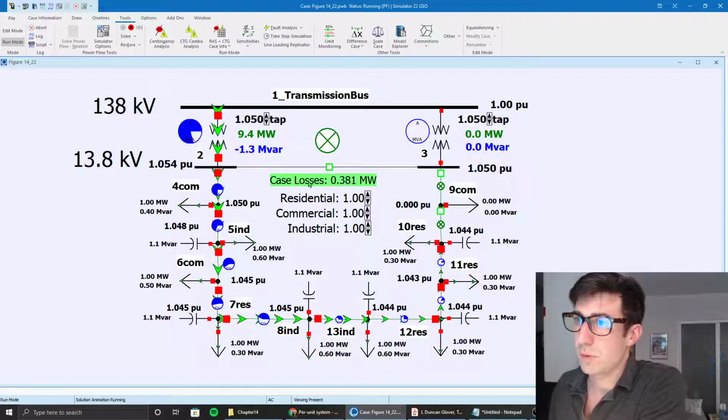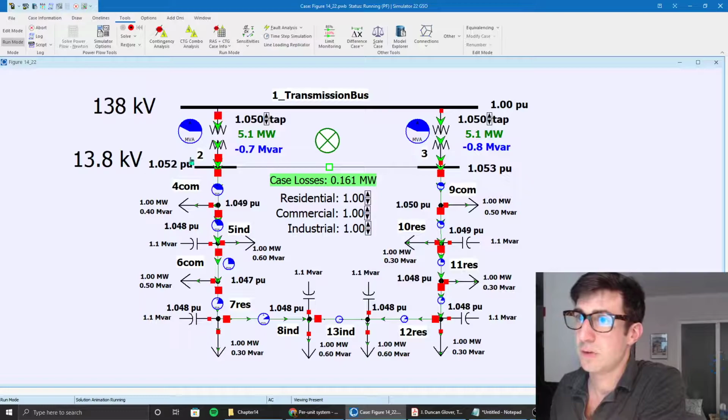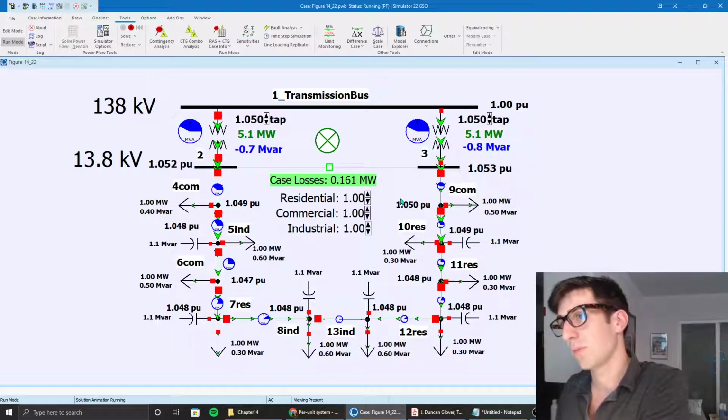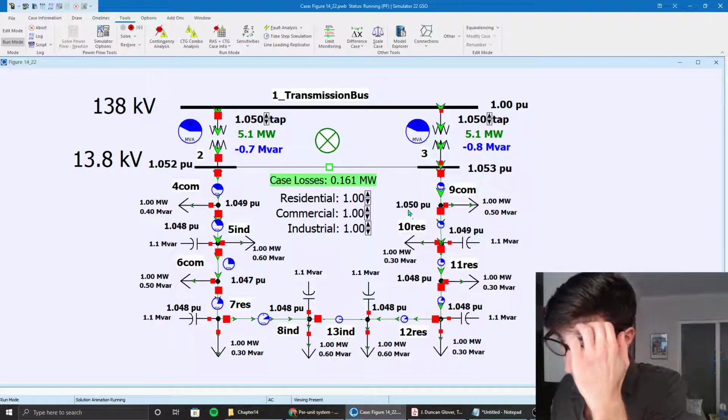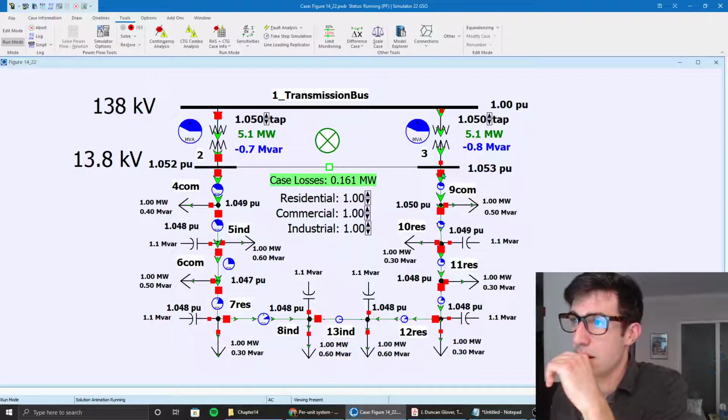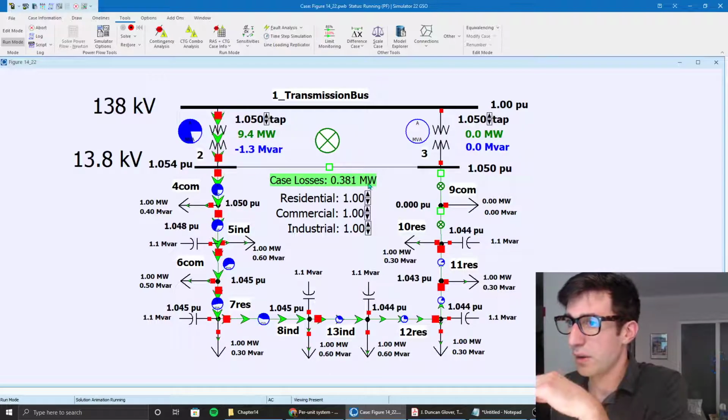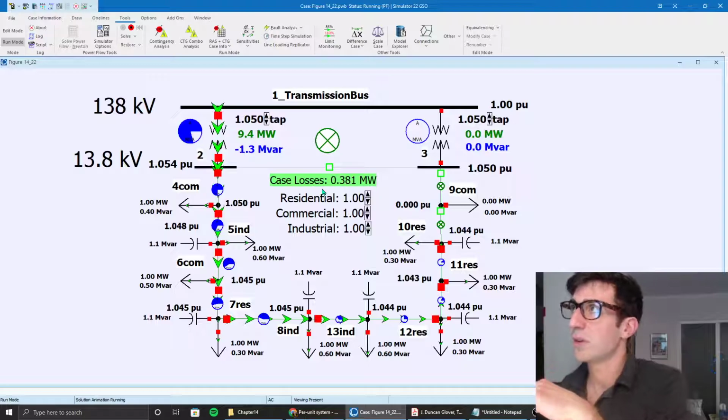So we see that when we open 9, this is normal operating procedure, our case losses for this entire system is 0.16 megawatts, or 161 kilowatts. And so we can run it like this, but our losses are increased.